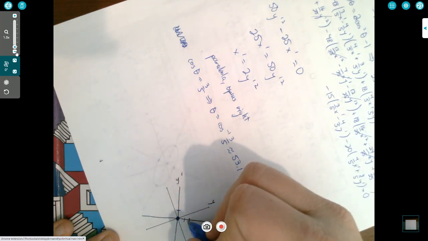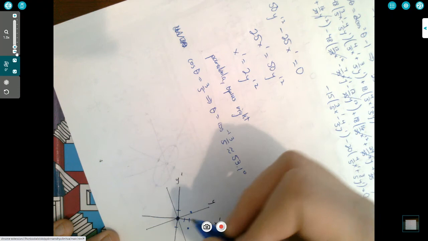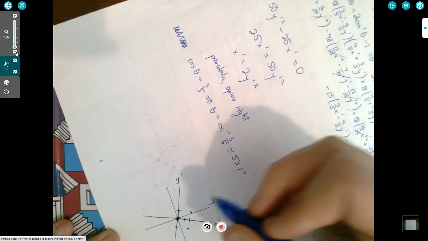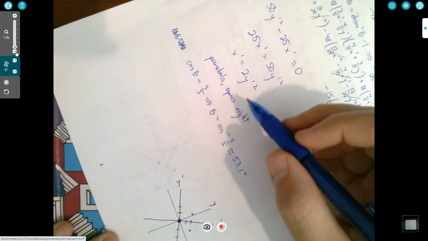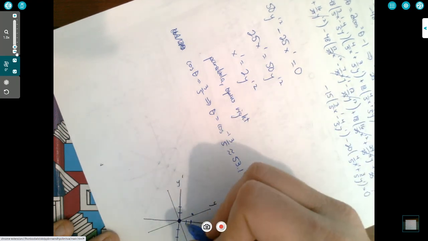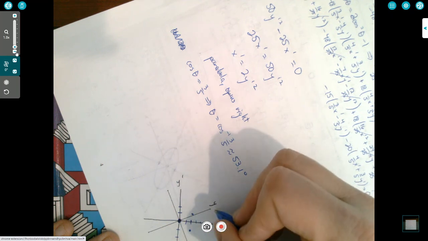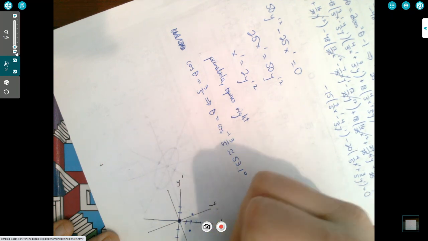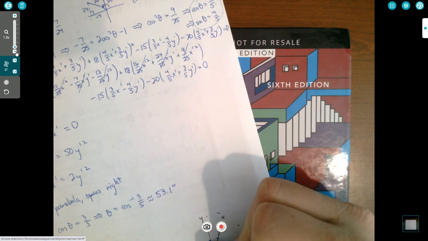Sorry. So actually I get that point and that point. Okay? And if I plug in y equals 2, or y equals negative 2, I get 8. 1, 2, 3, 4, 5, 6, 7, 8. Well, so that's like almost off the charts, right? But something like this.